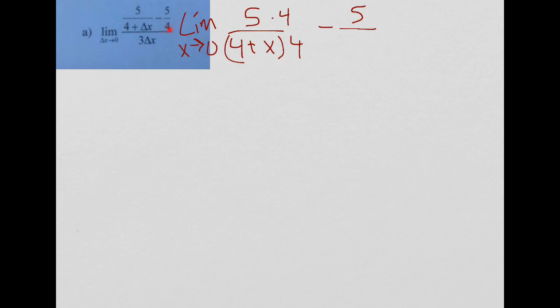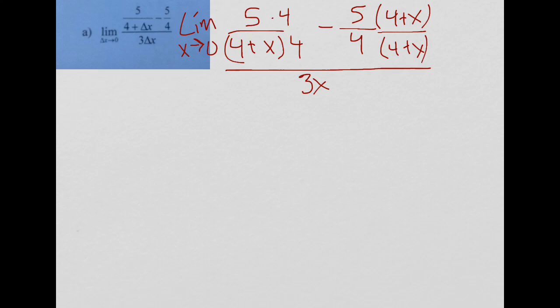Just like I multiplied by 4 over 4, I'm going to multiply by this over that right here. So I get 5 over 4 times, open parentheses, 4 plus x over 4 plus x, like that. And that is all over, don't forget about this piece, my 3, I've changed it to an x.